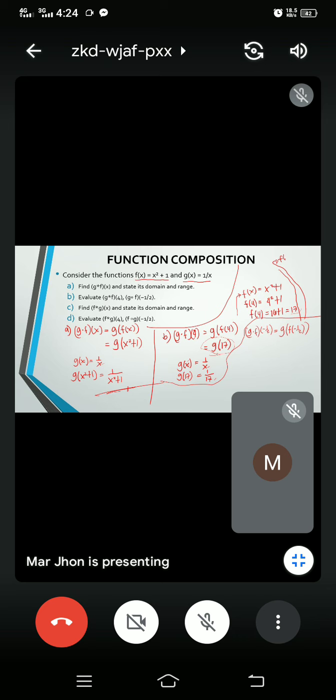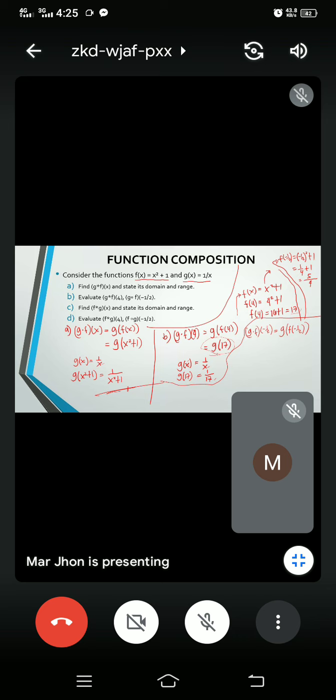Your F of negative 1 half: F of X is X squared plus 1, so you have negative 1 half squared plus 1, right? Negative times negative is positive, 1 squared is 1, 2 squared is 4, so 1/4 plus 1, which is 1 plus 4 over 4, equal to 5/4.